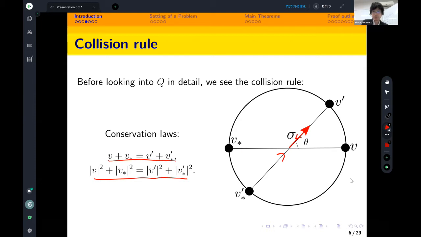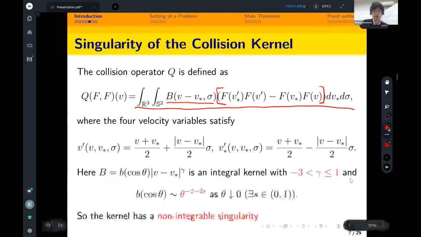So if the particles with velocity v prime and v star prime collide, then we should gain velocity v. And this is the reason why we have a plus sign here.